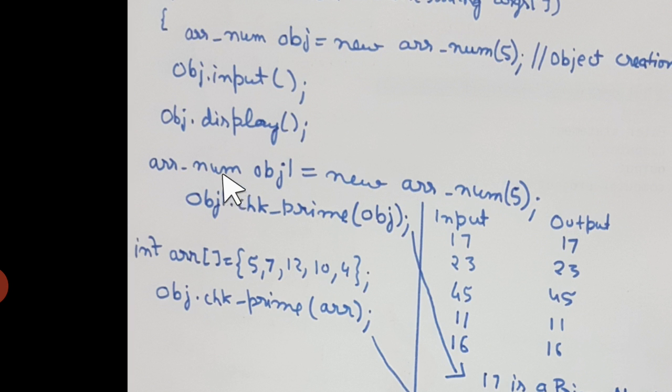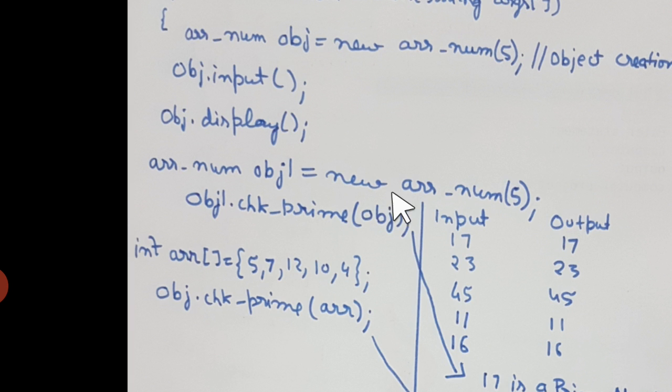After that arr_num obj1 = new arr_num, and then 5 is specified here, so obj1.chk_prime(obj). Here I am passing this object obj, so its array numbers will be checked whether they are prime or not.